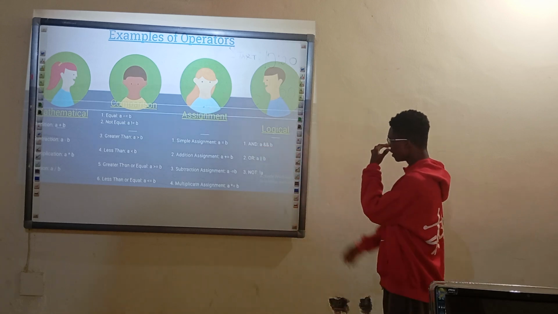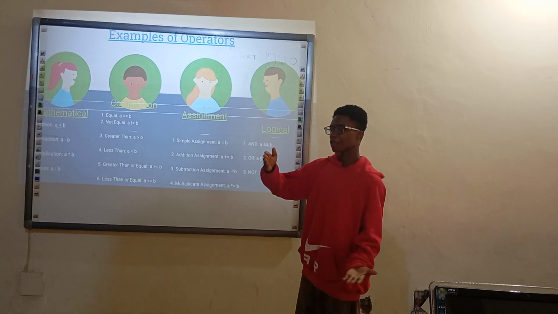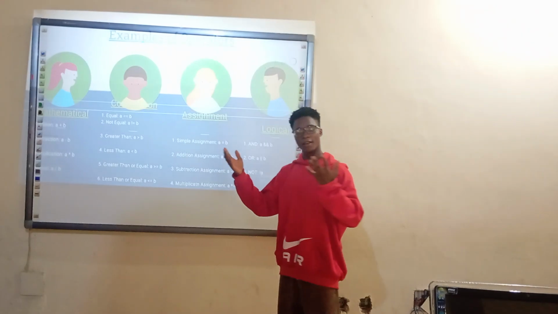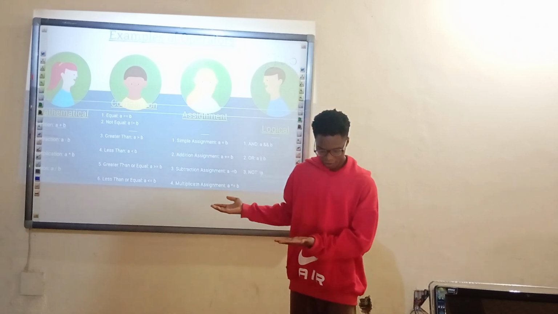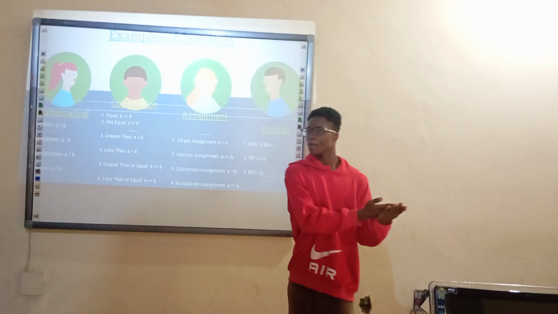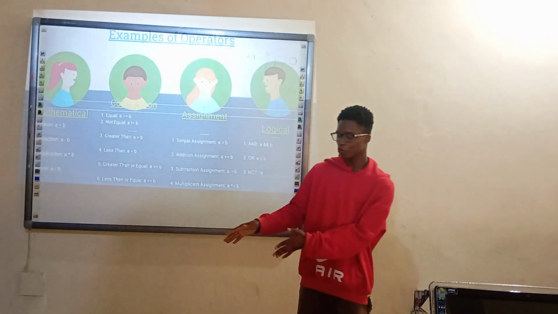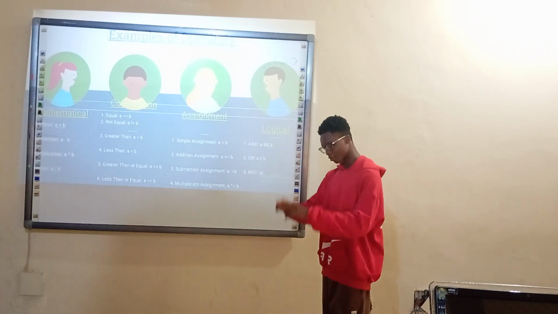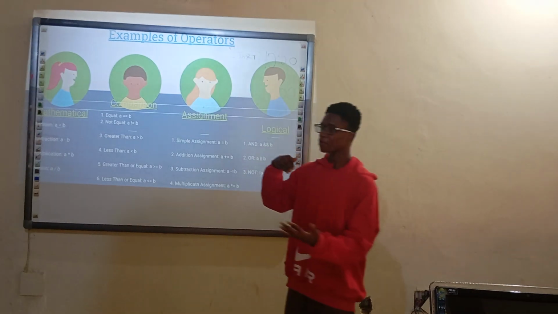Then we have logical operators. We have AND. Comparing using Boolean values, if A has a value of true and B has a value of true, our run code will tell us that our statement is true.